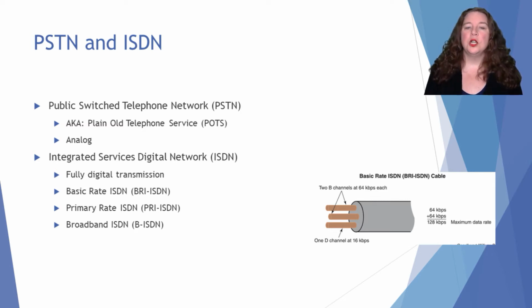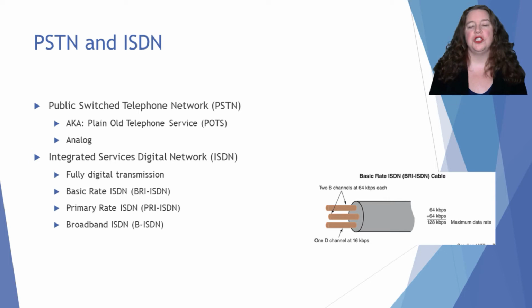The third is our broadband ISDN, which is just notated as B ISDN, as opposed to basic rate, which is BRI, because we like to use acronyms. So broadband ISDN actually allows you to send multiple frequencies as opposed to regular ISDN, which can only send a single frequency.